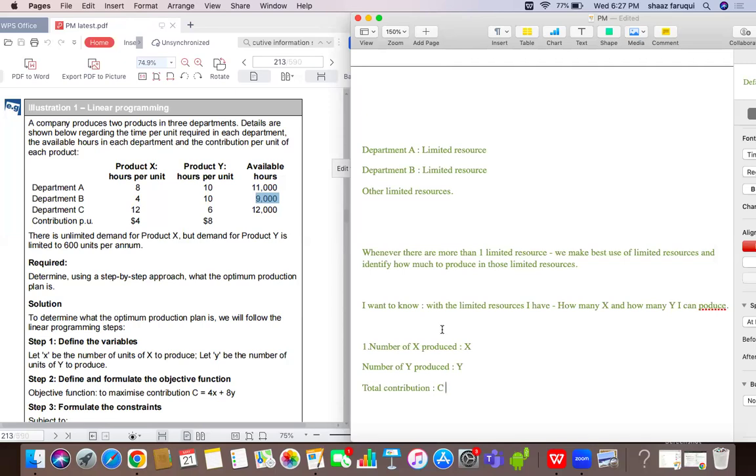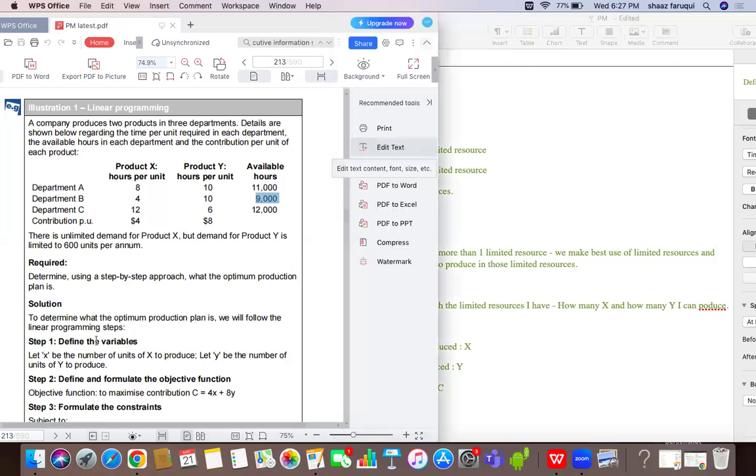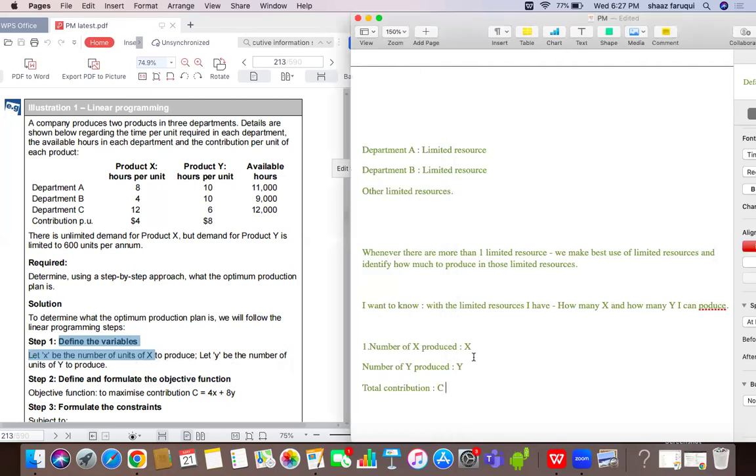So the first step is to give nicknames to all the variables. Define the variables. Now, I don't want to use complex terms like that. What we're doing is simplifying the names. That is the first step.